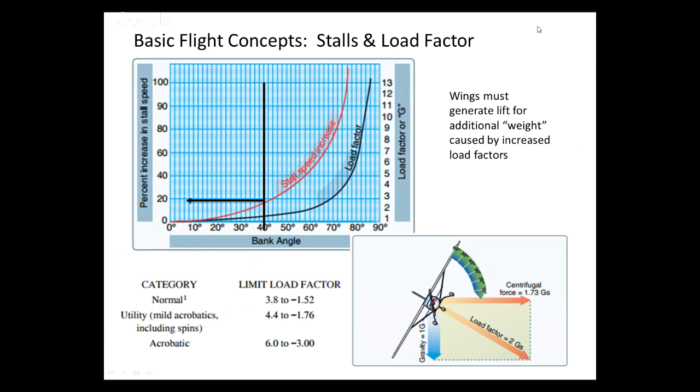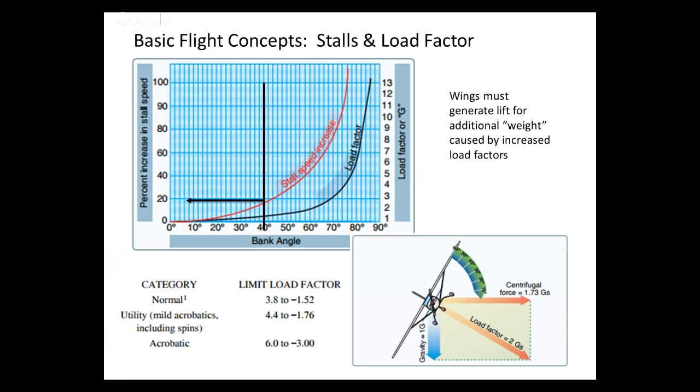Now, to kind of build off of the point that your airspeed can differ, but your angle of attack will always be the same, weight and load factor actually have a pretty significant impact on stall speed.